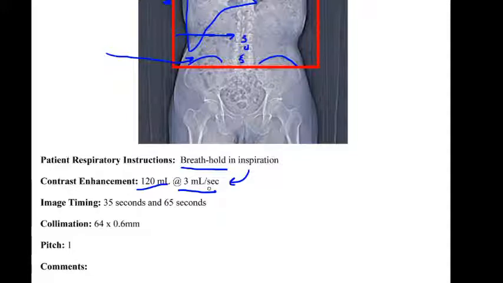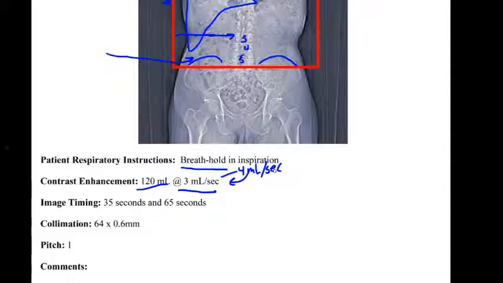Sometimes you'll see this bumped up to around 4 milliliters per second, depending on what your facility believes, a high flow rate and lower amount injected, or a low flow rate and a higher amount injected. But that's neither here nor there.